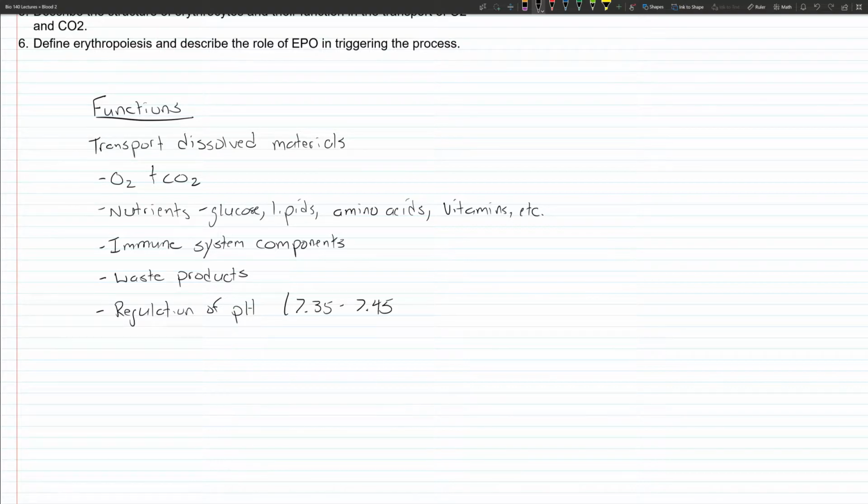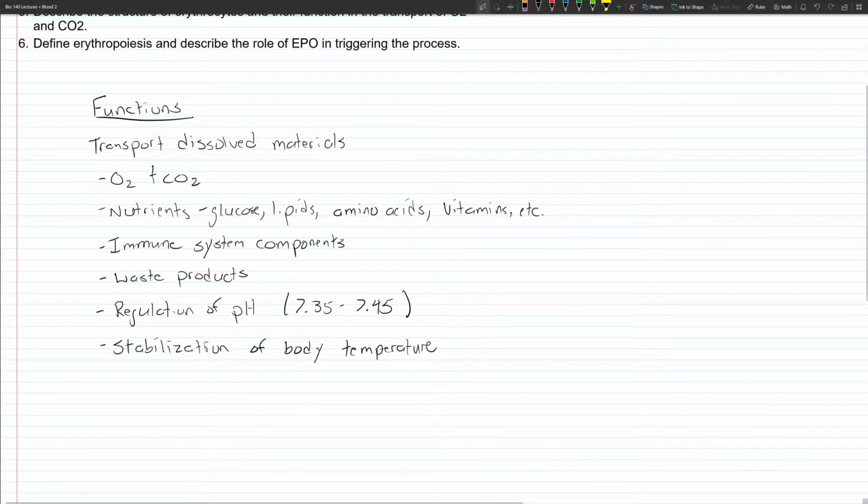Blood helps with that in the form of what's called bicarbonate. And the stabilization of body temperature, which I talked about in the skin lecture. So those are the functions in a nutshell.